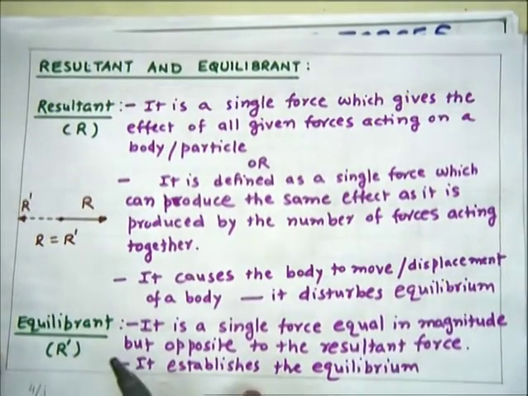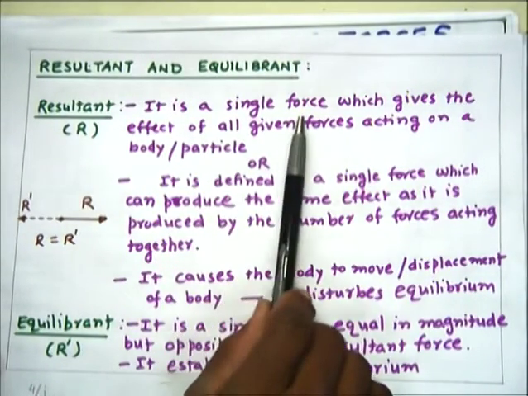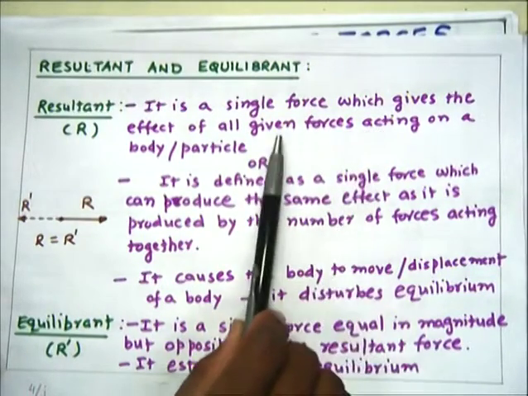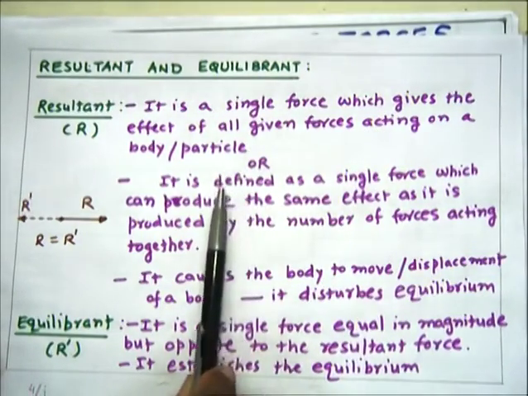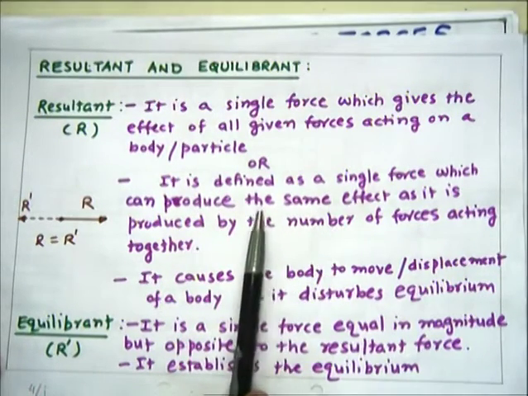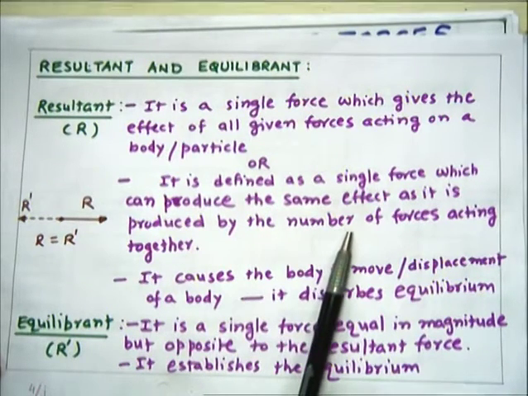Resultant and equilibrium. The resultant is a single force which gives the effect of all the given forces acting on a body or particle, or it is defined as a single force which can produce the same effect as is produced by the number of forces acting together.